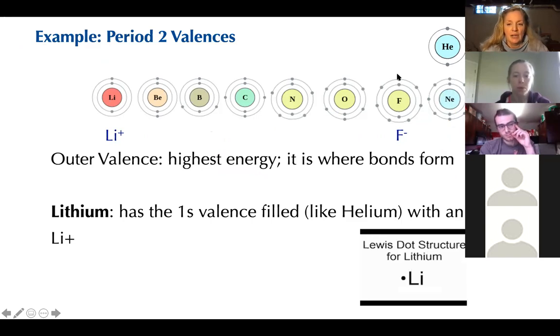And you see when I said that you fill up your orbitals, so you're going 1, 2, 3, 4, 5, 6, 7. You have one lone one sitting up here. That's where we're going to fill it, okay? So lithium will ultimately donate the one electron over here to fluorine, and it will become lithium plus, and fluorine will be fluorine F minus, okay?